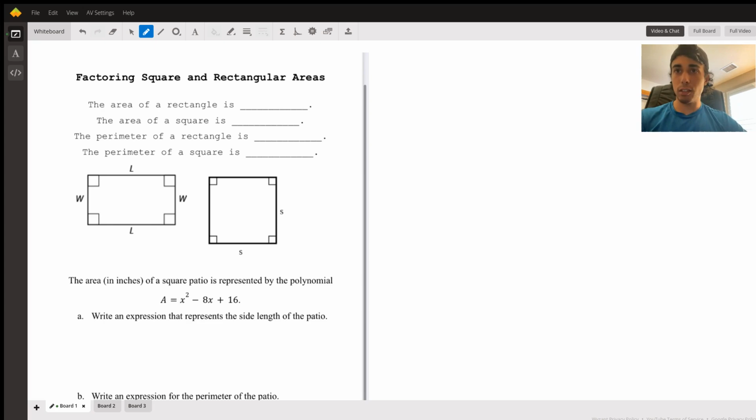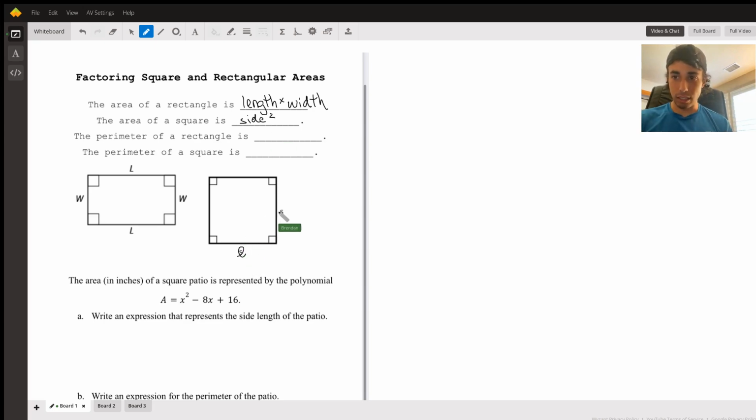So we've got the area of a rectangle. It is the length times the width. The area of a square is just the side squared. And remember, square just means multiplied by itself, so it's really just the side times the side. And really, that's still the same thing, right?